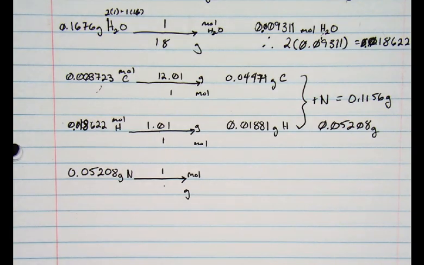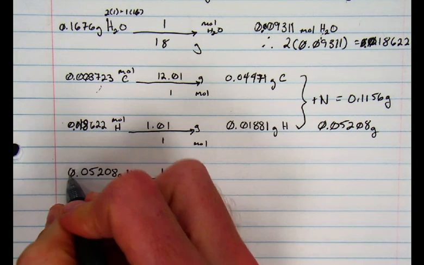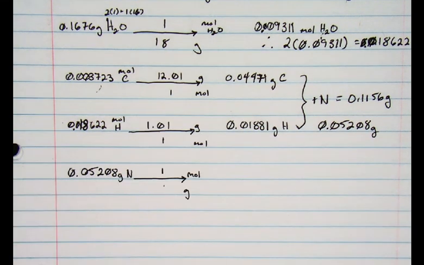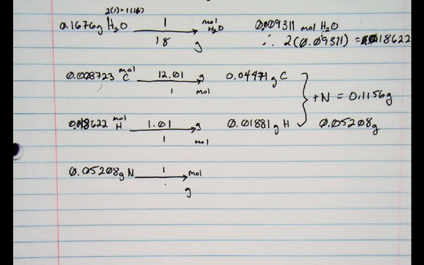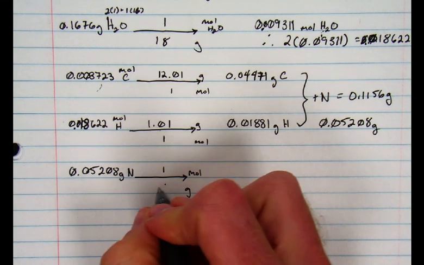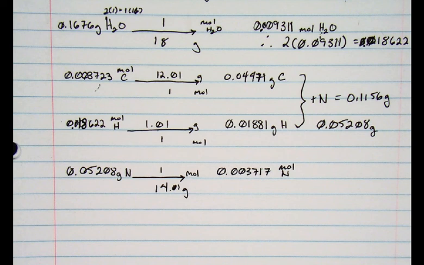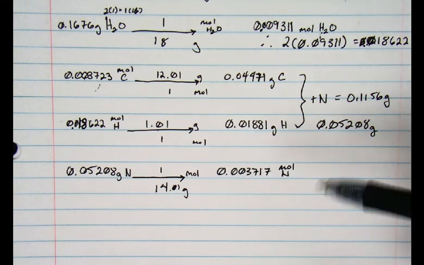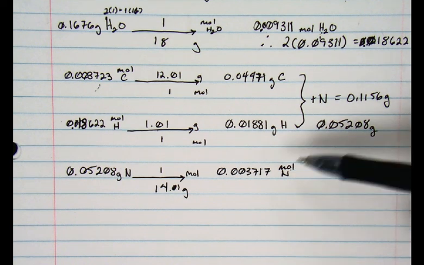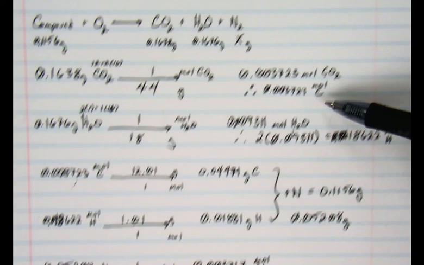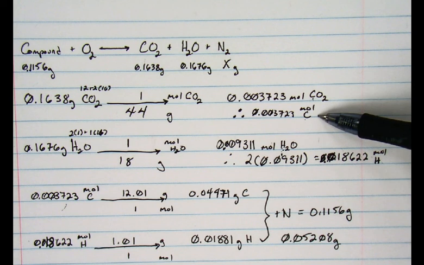Again, we never do anything with grams, so we're going to convert our grams of nitrogen into moles of nitrogen by dividing by the molar mass of nitrogen, which is 14. And we find that this compound contains 0.003717 moles of nitrogen. Now we're going to take our moles of each element and set it up in a table.